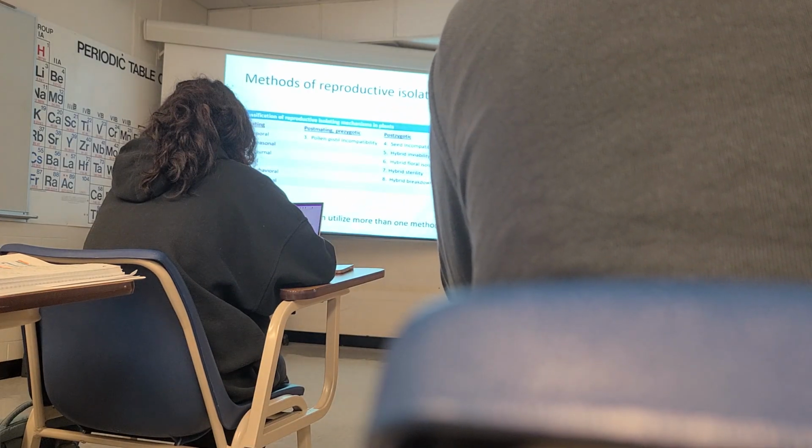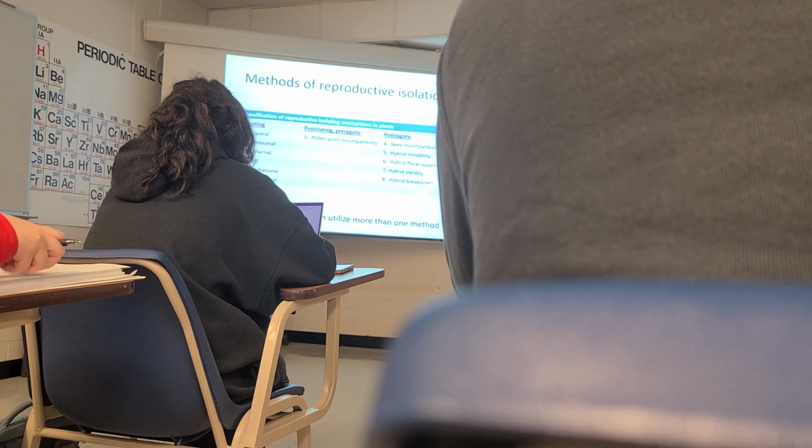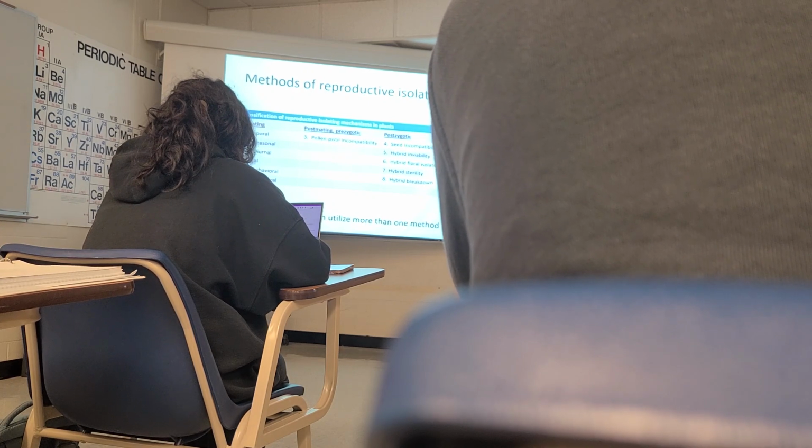All right, well, this is kind of a table to help you remember what stages are actually being prevented in the sexual reproduction process for each one of these different types of reproductive isolation mechanisms. So remember, you have pre-mating, which is anything that happens to prevent that first step, the mating process. You have post-mating but pre-zygotic, meaning you get through that first step, mating, but fertilization doesn't happen.